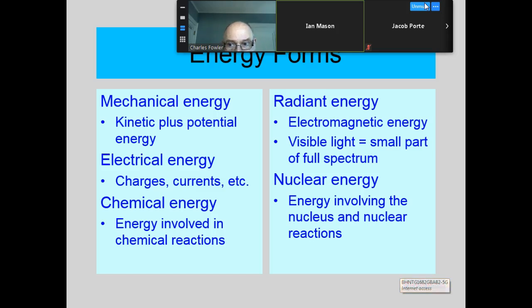It is the sum of kinetic plus potential. It used to be stated that way, and I can't see it in the book quite that directly. But I wanted you to know that is what we mean by mechanical energy, the sum of kinetic plus potential. Okay?